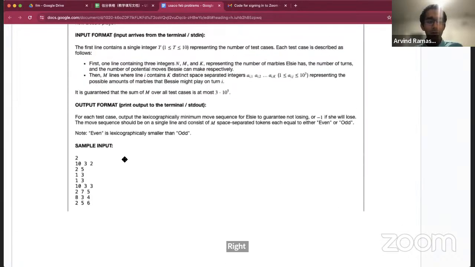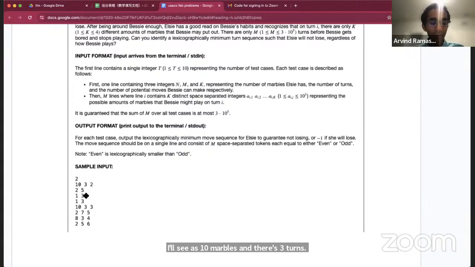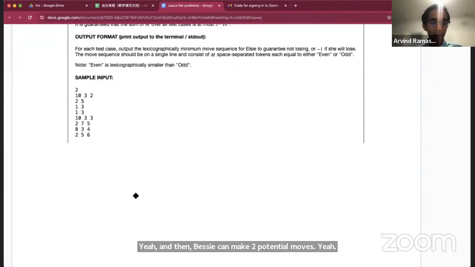So here Elsie has 10 marbles and there are 3 turns. Bessie can make 2 potential moves. These are the potential moves Bessie can make in each turn.